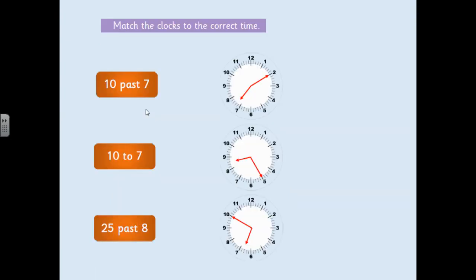Okay, what I would like you to do is in your workbooks, write these times down, draw these clocks, and then match the clocks to the correct time. Please pause the video and have a go at it. Let's see. If you got that, well done.